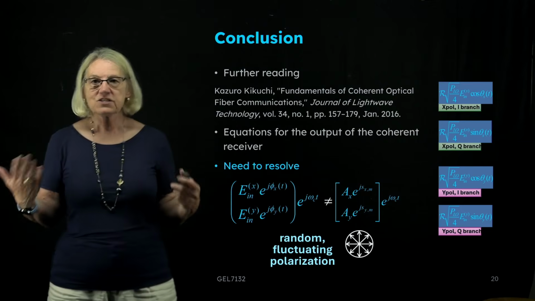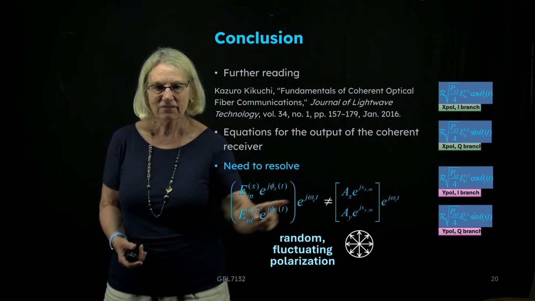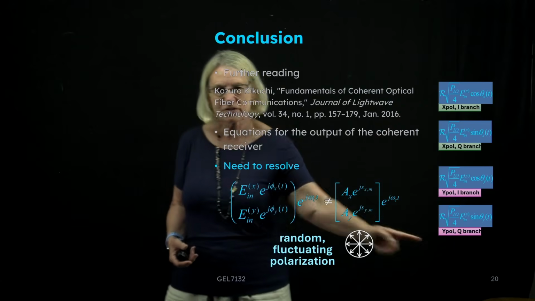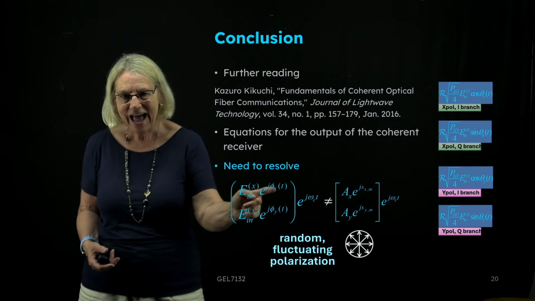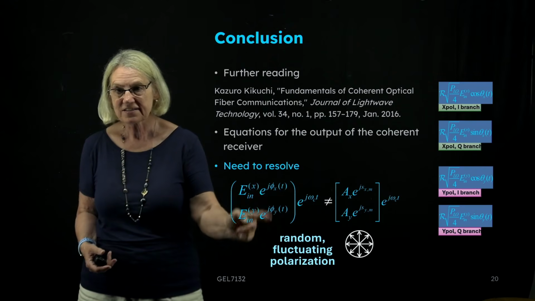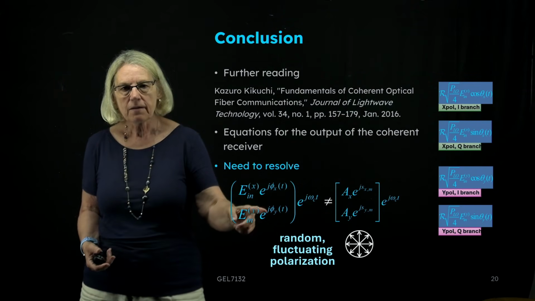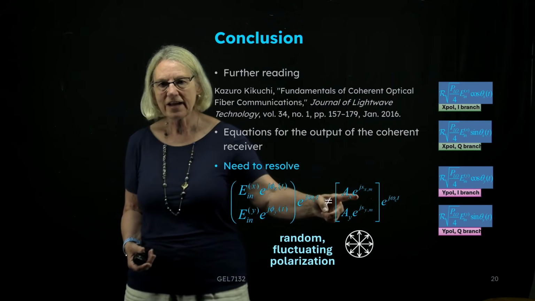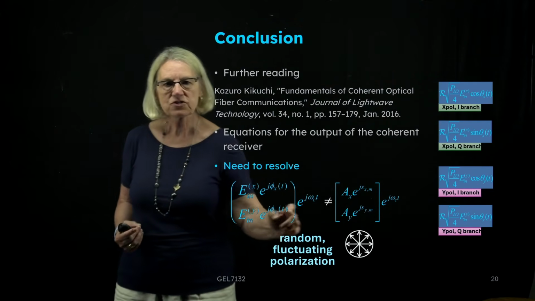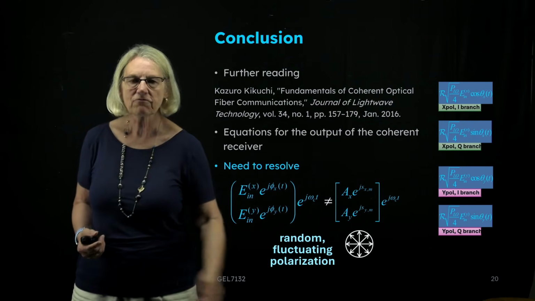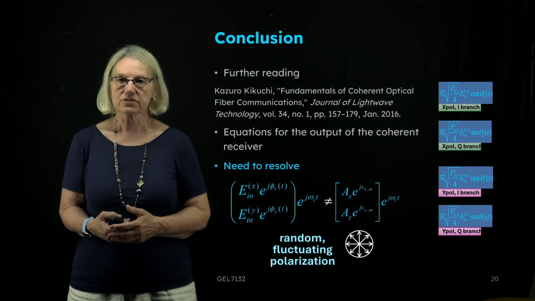And what we need to do next is to still resolve how we get, now these equations show that I have isolated this information to be able to access what these phases are, or the amplitudes also. And I have to know, how does this relate to what was actually the data transmitted? So I have to somehow counteract this random and fluctuating polarization, and that is what we'll be doing in digital signal processing.